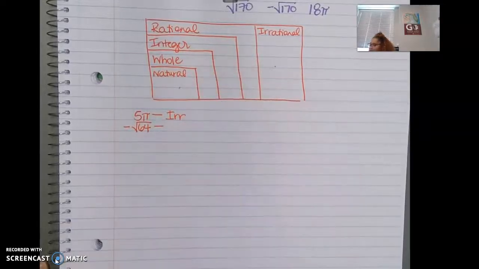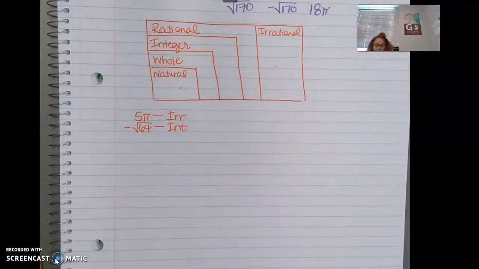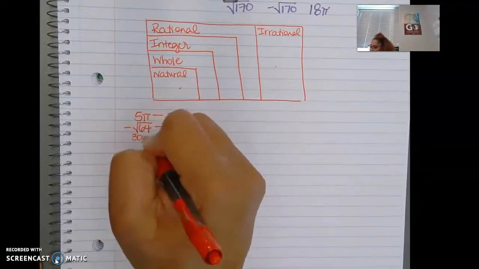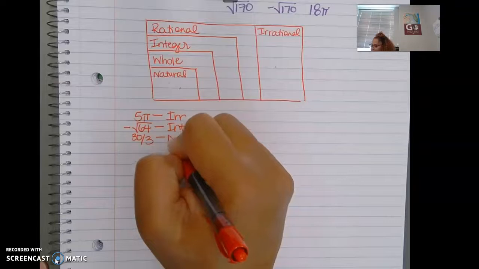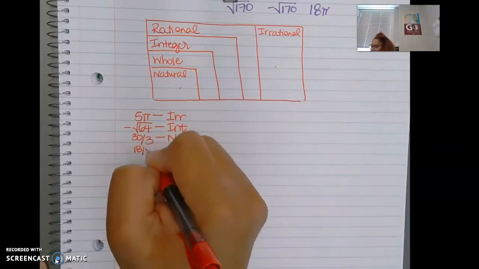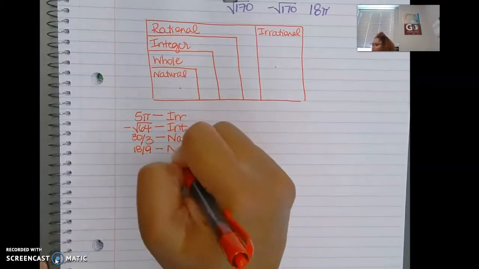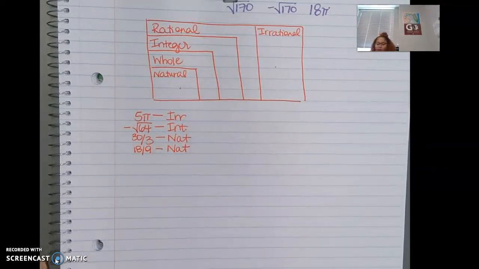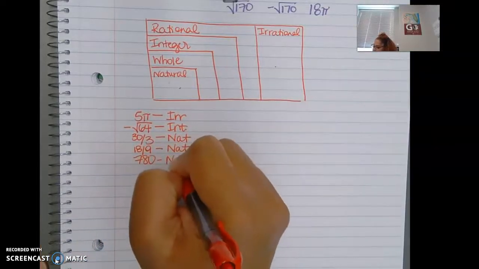Good, -8. So what type of number, or where will I put -8? Integer. All right, 30 over 3. It's 10. So where does that go? Natural. 18/9. Why? Because it simplifies to 2. Natural again. Good.